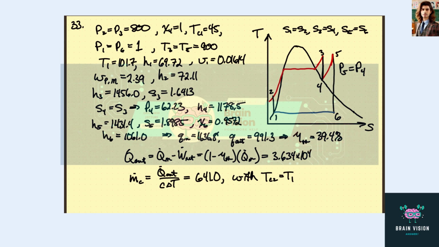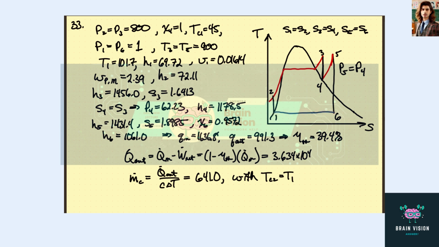Then we're asked about the net power output and thermal efficiency and the minimum mass flow of the cooling water required. So again, remember we have cooling water flowing through here and condensing this water here.